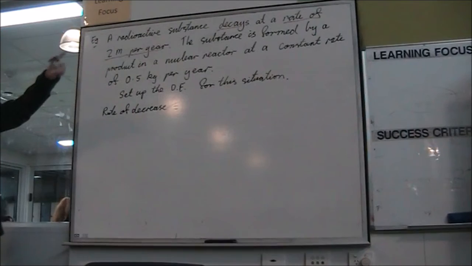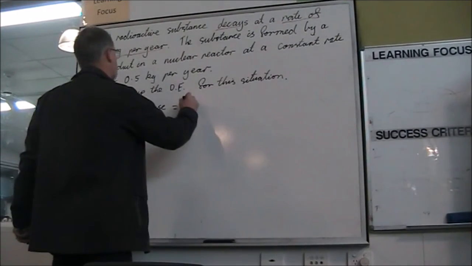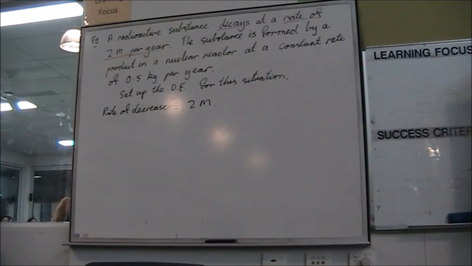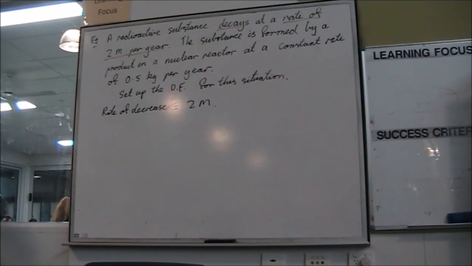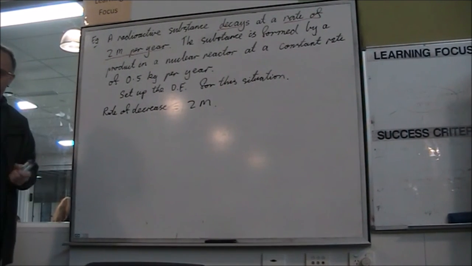It decays at this rate. So then it's 2m. It doesn't say proportional, so there's no k in there, it just says at this rate, at 2m. So it equals 2m. If it was proportional, we'd put k in as well. It's proportional to something and someone's done the figuring out and this is what the rate is.